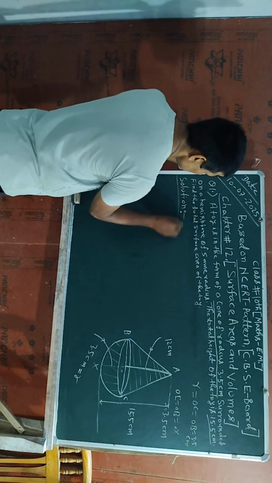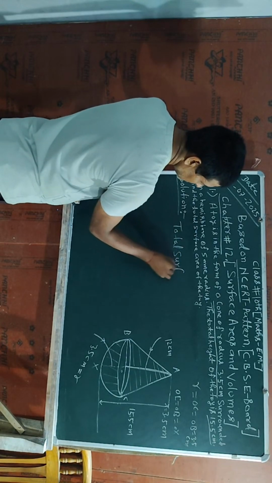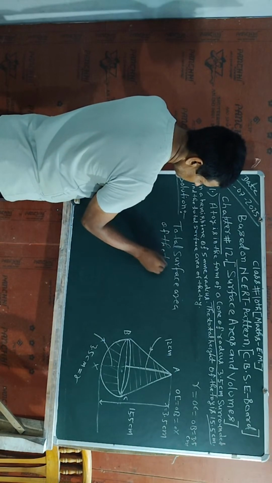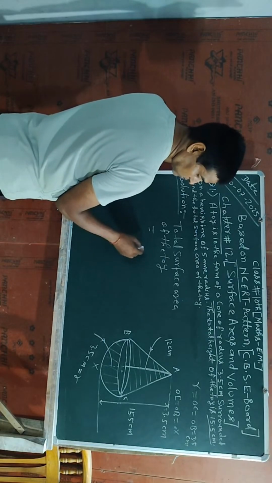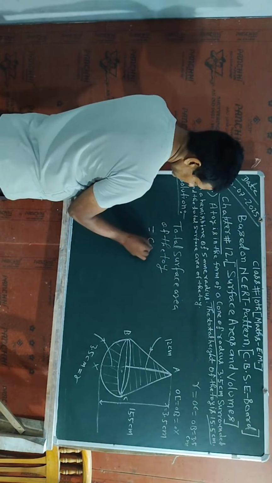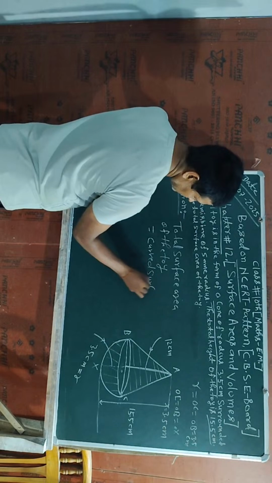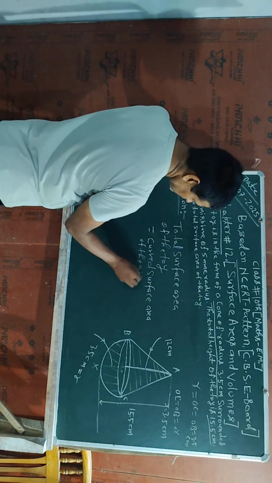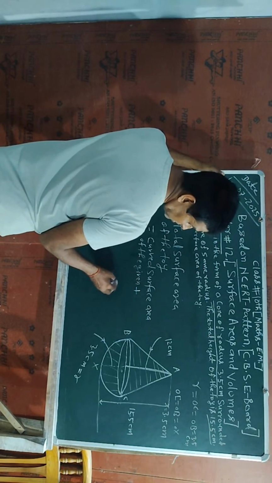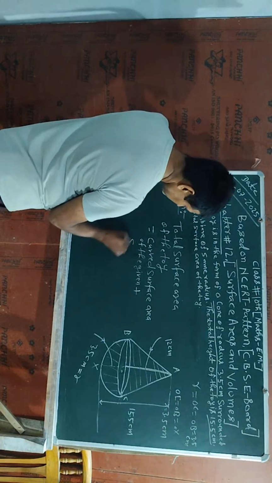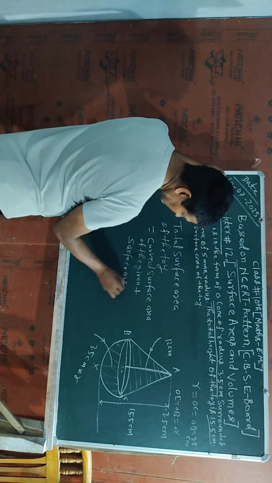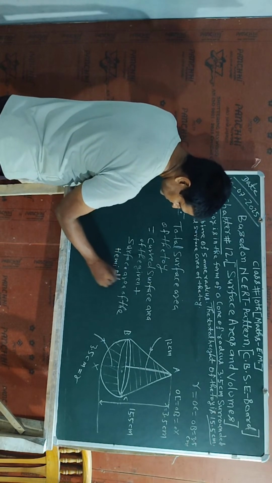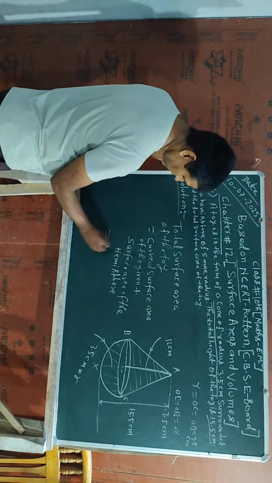Find the total surface area of the toy, which is equal to the curved surface area of the given cone plus the surface area of the hemisphere, which is equal to, I write, pi r into L.